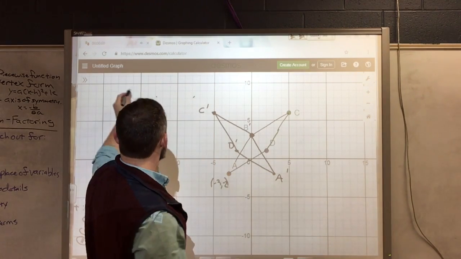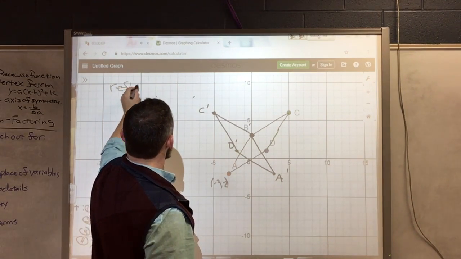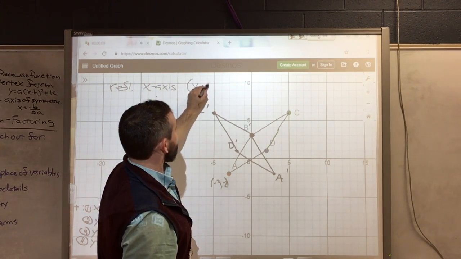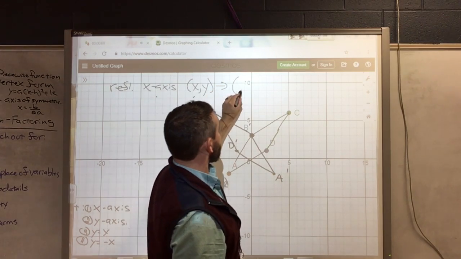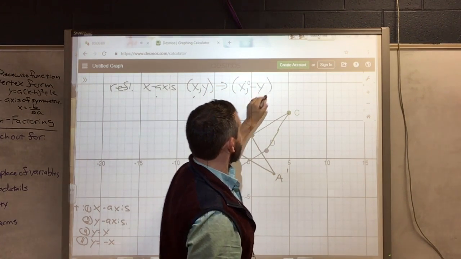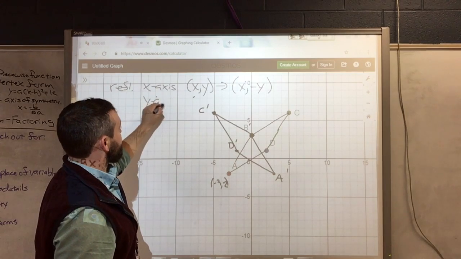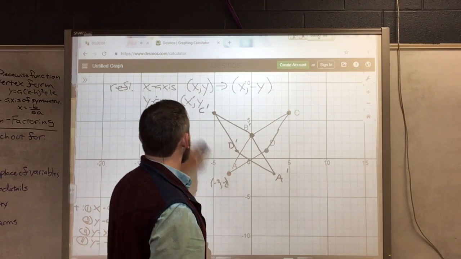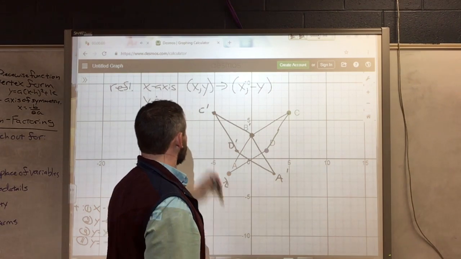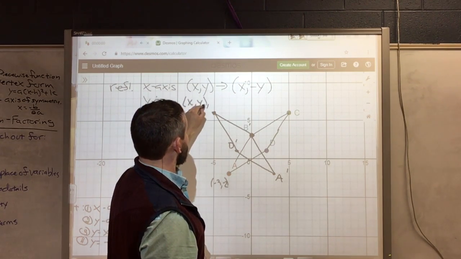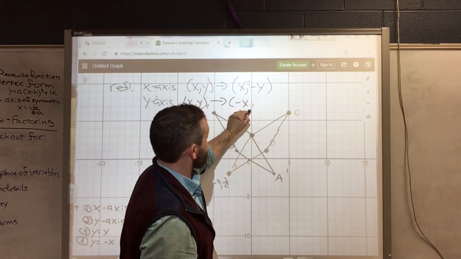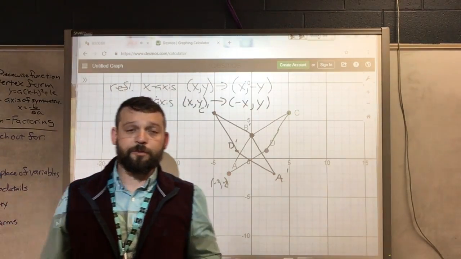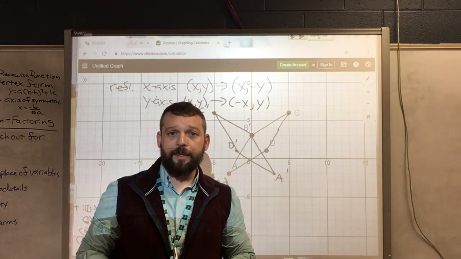That's even more important. So reflecting about the x-axis, y-axis. Okay, so those are two things you should be taking away from right there.